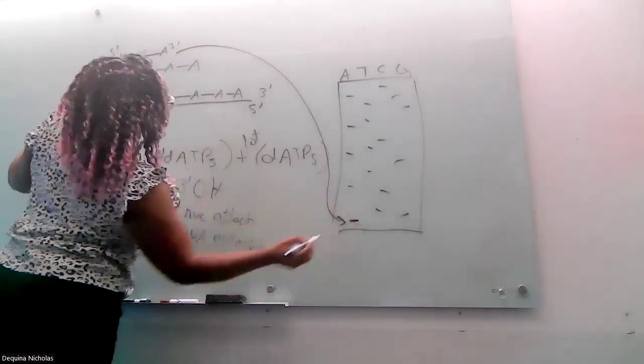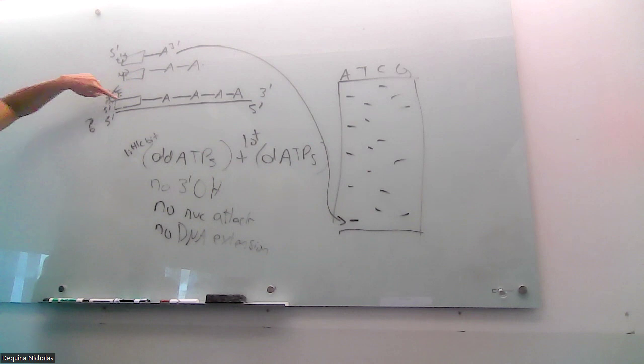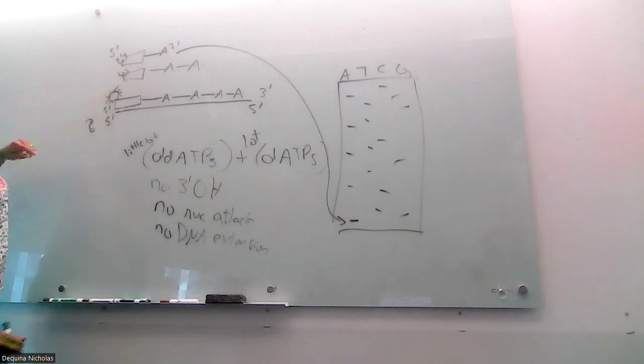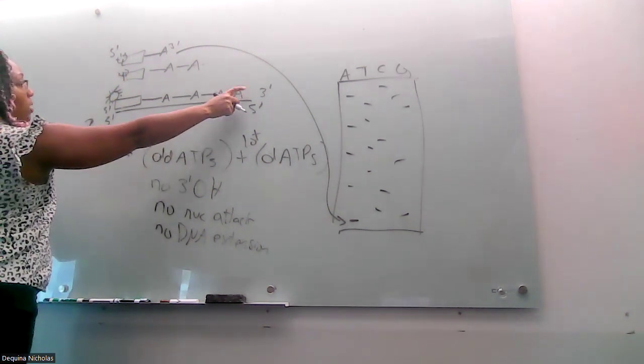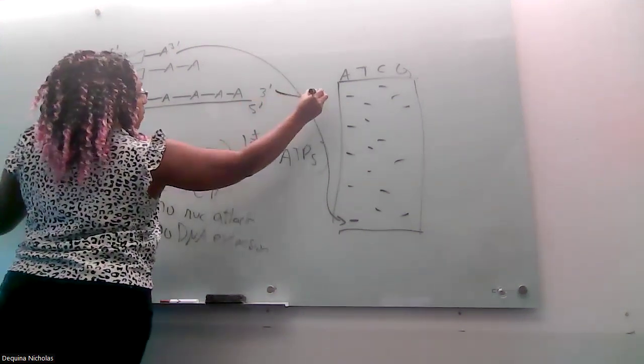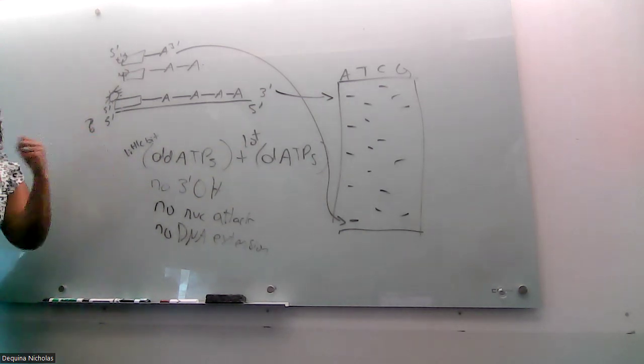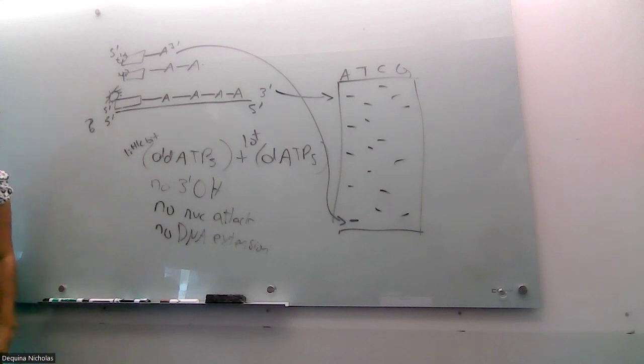And then as it gets longer, where does it end up? Towards the top. So top is 3', bottom is 5'. And make your notes accessible so you don't forget.